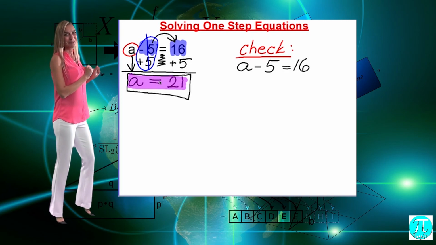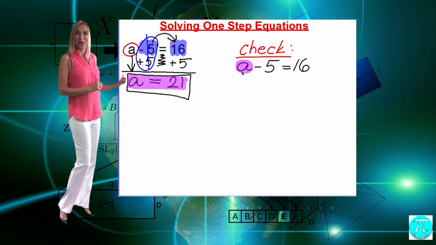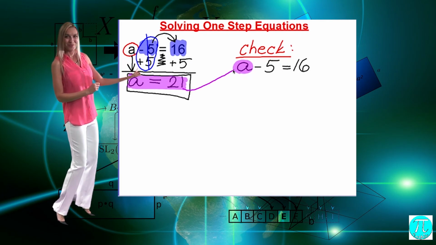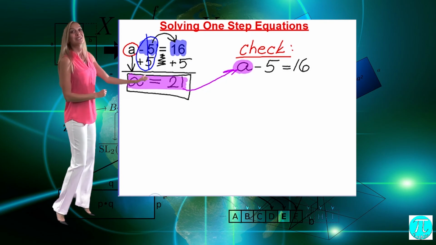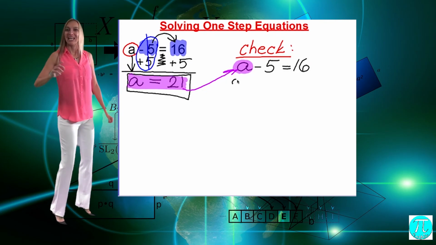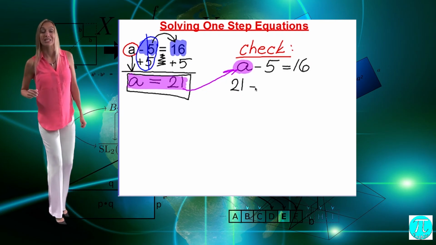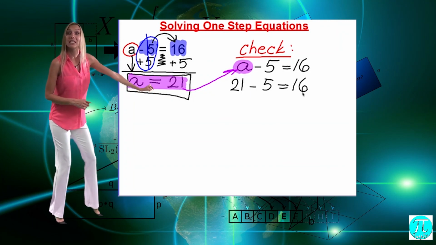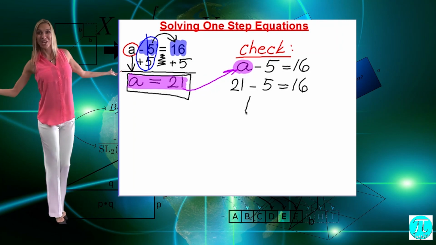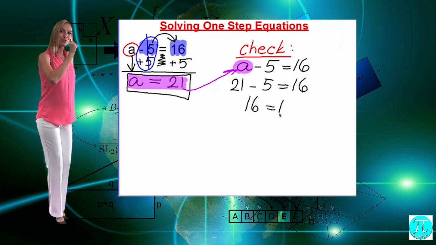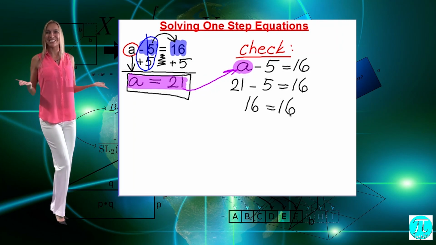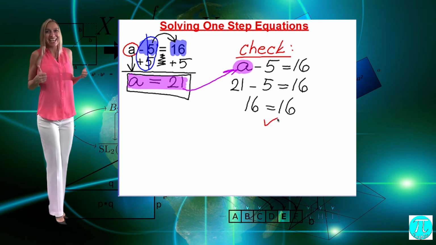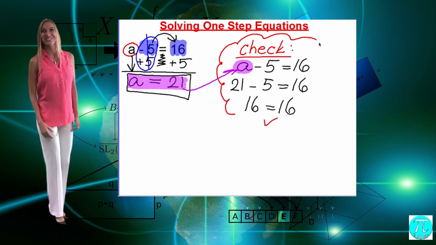So let's do that. We have 21 for a minus 5 equals 16. And 21 minus 5 indeed does equal 16, and 16 does equal 16. So guess what? We've checked, right? We have solved this problem. Both sides equal to each other. Yay! Good job, guys.